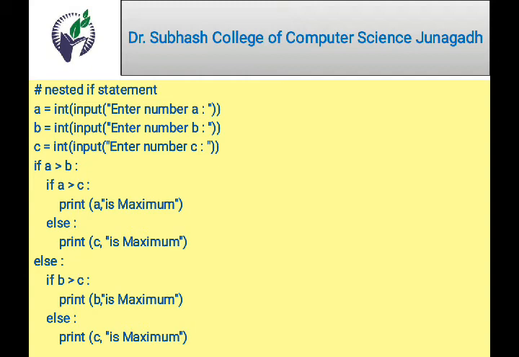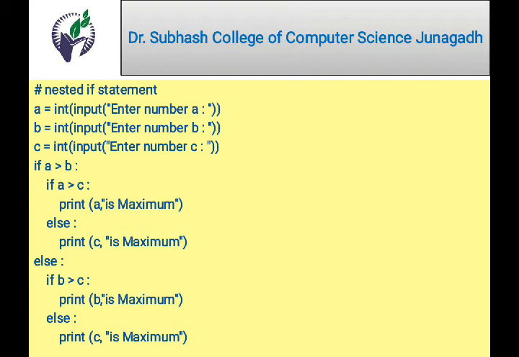So first, a greater than b. If a is greater than b, it is decided from the two numbers that a is greater than b. Now we have to test a with our third variable c, and if a greater than c, then obviously a is greater than b and a is greater than c, and in such a situation a is the maximum.